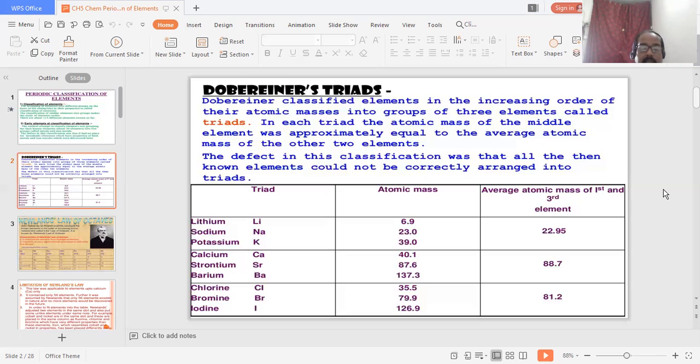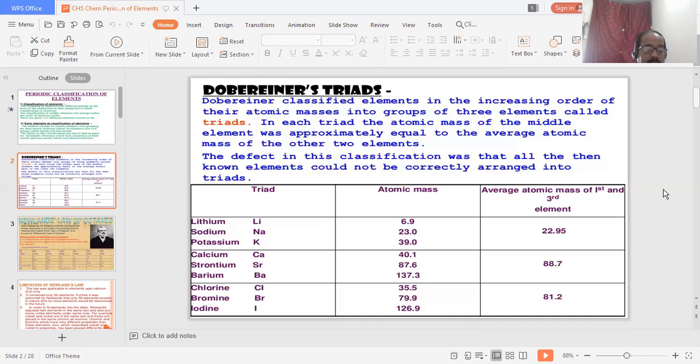In the third set, A is chlorine, B is bromine, and C is iodine. The mass value of chlorine is 35.5 and of iodine, the C element, is 126.9.